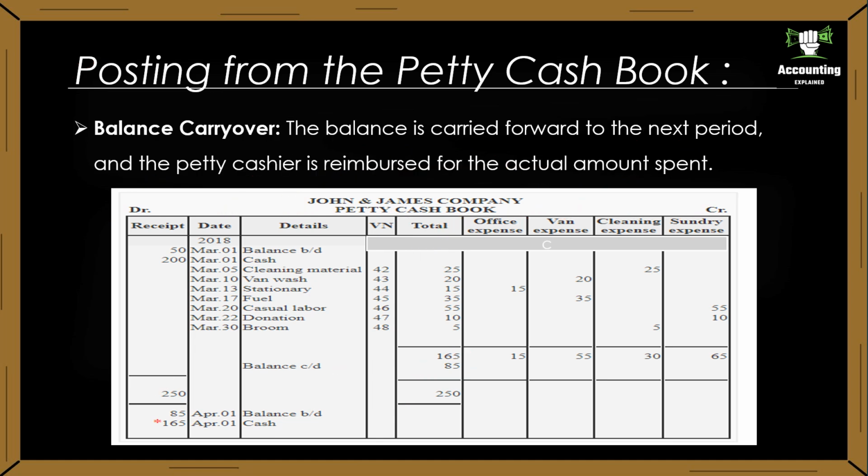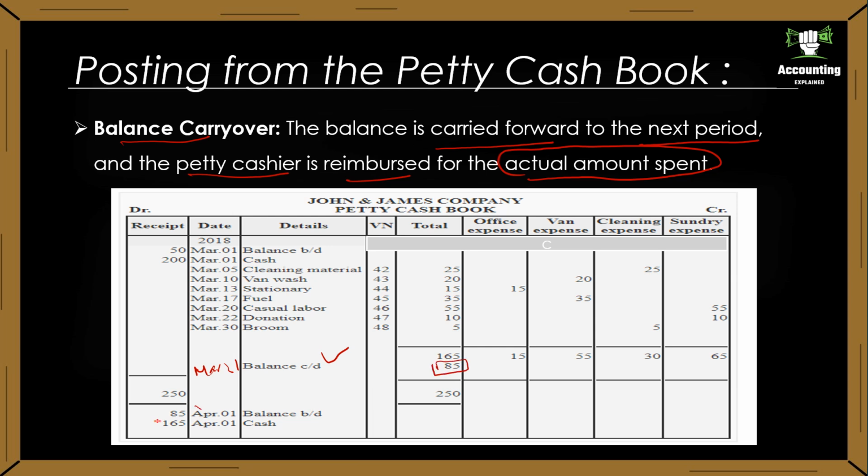Next is balance carryover. The balance is carried forward to the next period, and the petty cashier is reimbursed for the actual amount spent. What is the balance here on March 31st? Balance carried down is 85 rupees.